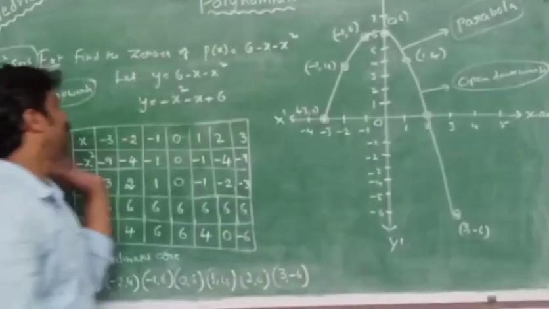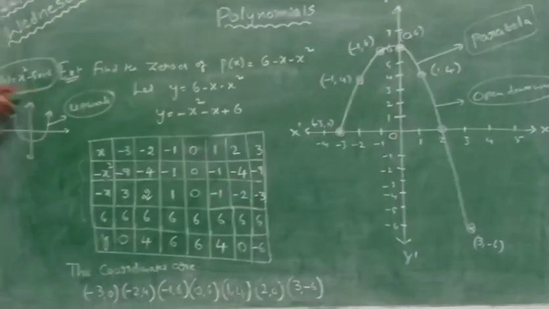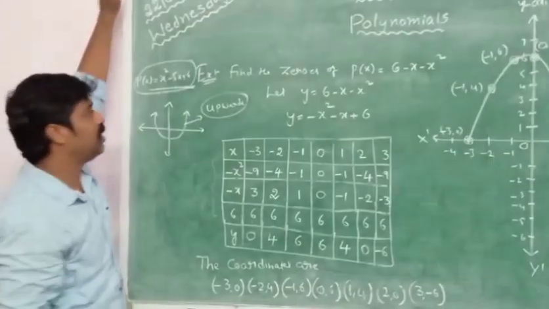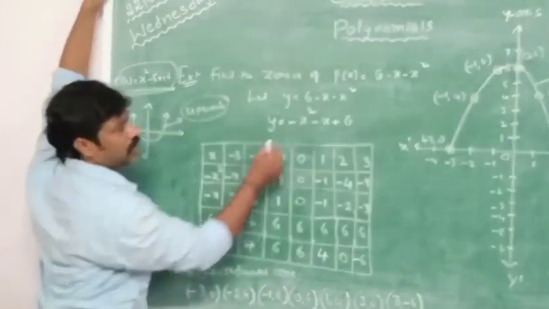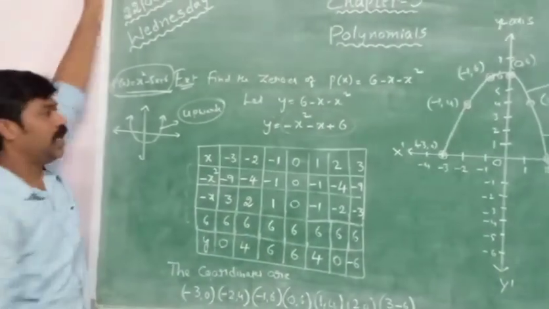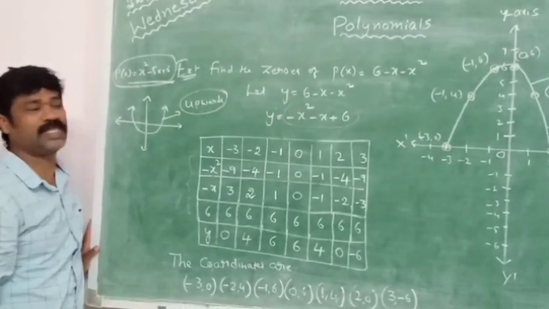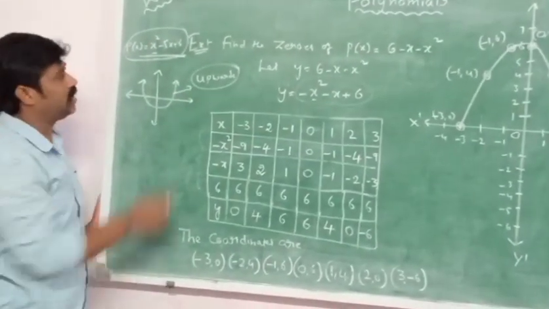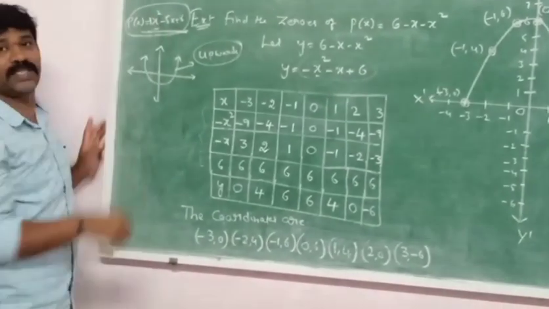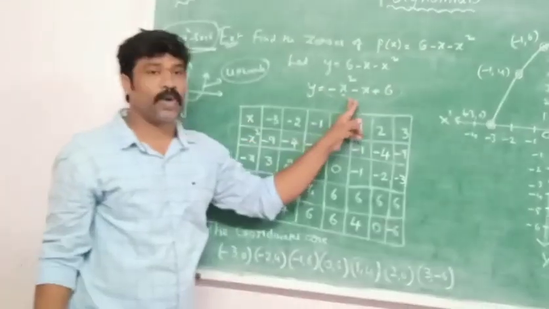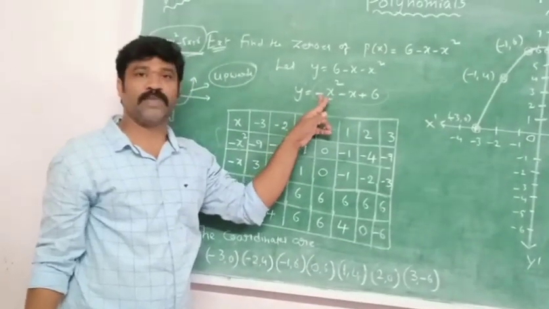So what is the difference between these two? These are two polynomials: x square minus 5x plus 6, whose graph we learned last class, and here the given polynomial is minus x square minus x plus 6. If you observe the coefficient of x square, here it is 1, which is a positive value, and here it is minus 1, which is a negative value.